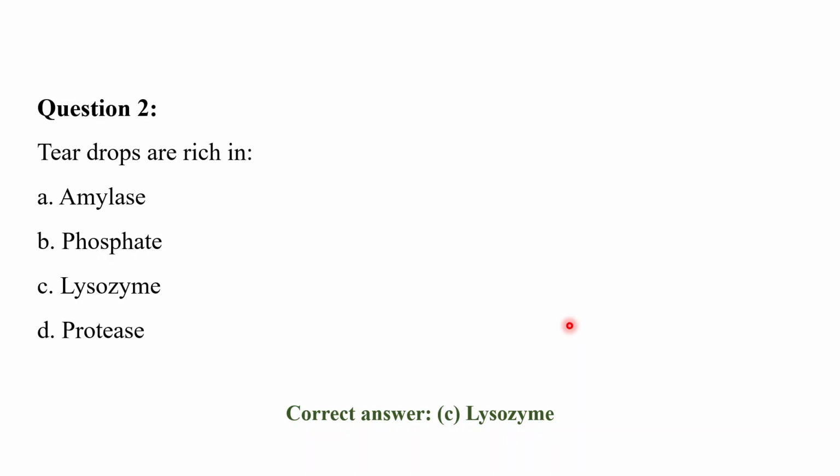Can you tell what other secretion of our body is rich in lysozyme? Can anybody tell where else we can see lysozyme in our body? So our saliva is also rich in lysozyme.